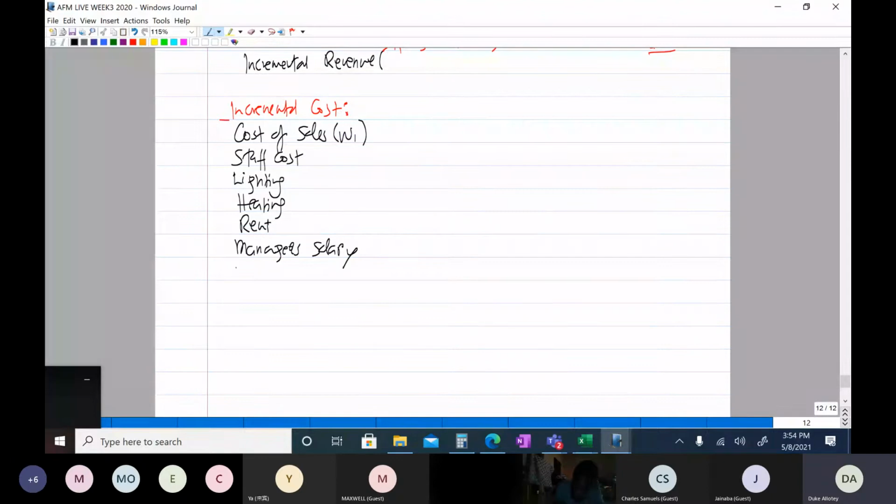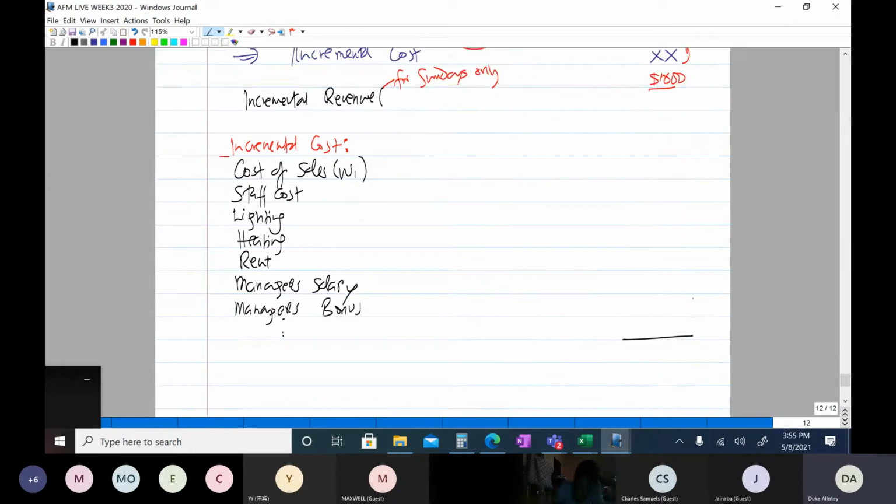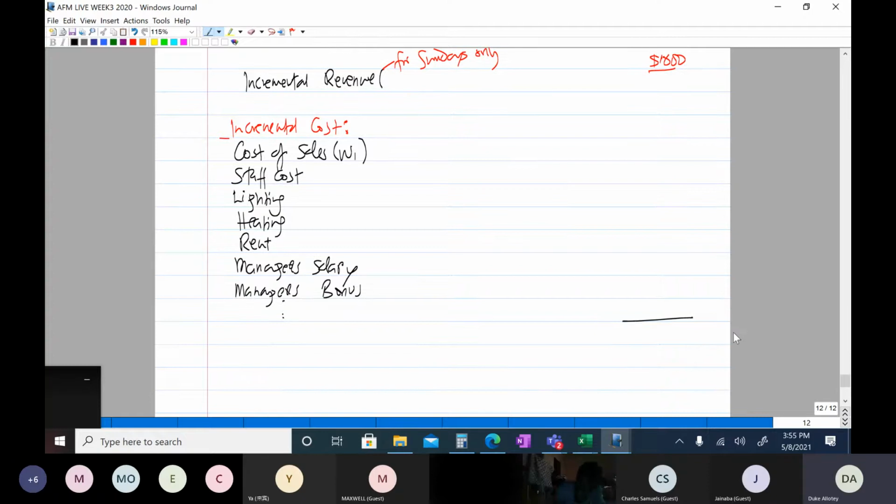We saw manager's bonus. Then you can leave maybe a couple of lines if you want, or just cut and paste if you've left out anything, and create this. And the difference between incremental revenue and incremental cost will then make a decision on whether to open this on Sundays or not. So let's start with the incremental revenue.